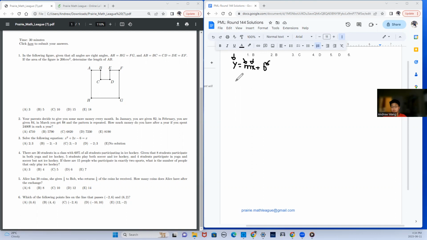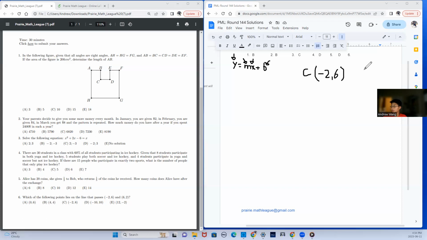So now that you know what the elements in this equation contain, we know that we could set the point -2, 6 to be point C. So C would be -2, 6.